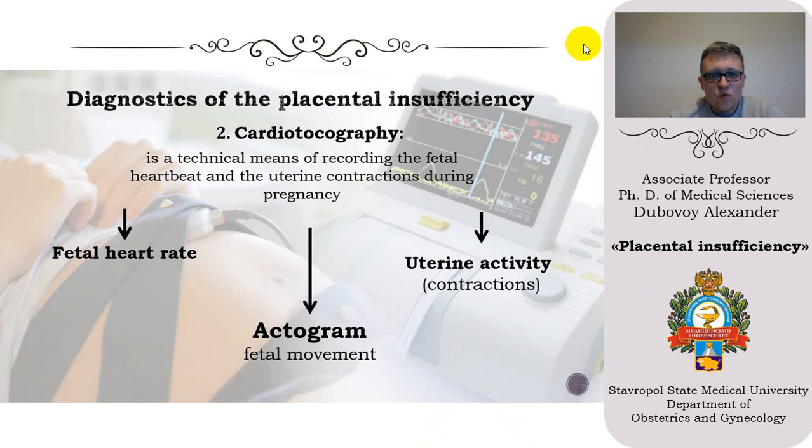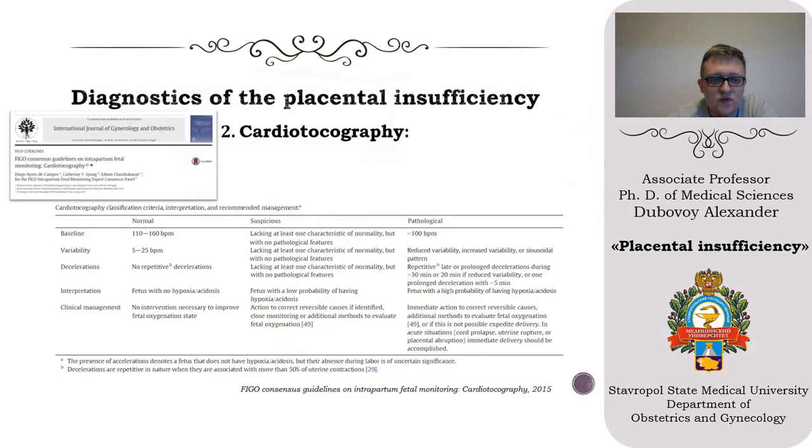The next widespread method for diagnosis of the condition of the fetus in placental insufficiency is cardiotocography. It is a technical means of recording the fetal heartbeat and the uterine contractions during pregnancy. It consists of 3 main components: fetal heart rate, fetal movement, and uterine activity, contractions of the uterus.